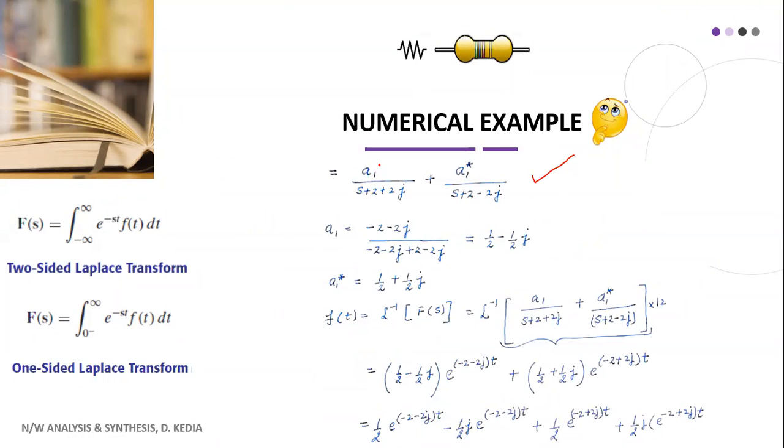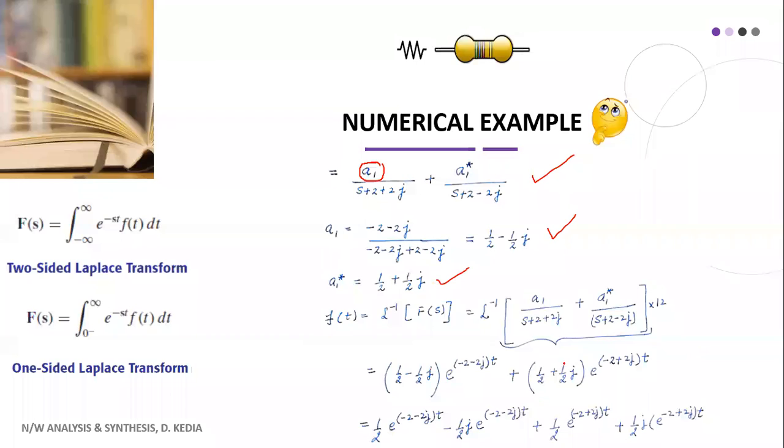Then I told you that we need to calculate the value of A1. And then we had calculated the value of A1 by substituting its root value. So A1 was 1 by 2 minus 1 by 2j, and then A1 star will obviously be 1 by 2 plus 1 by 2j.